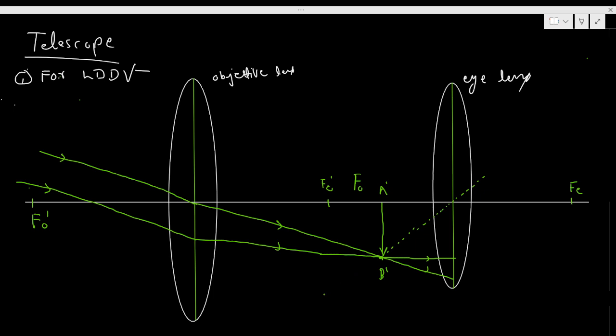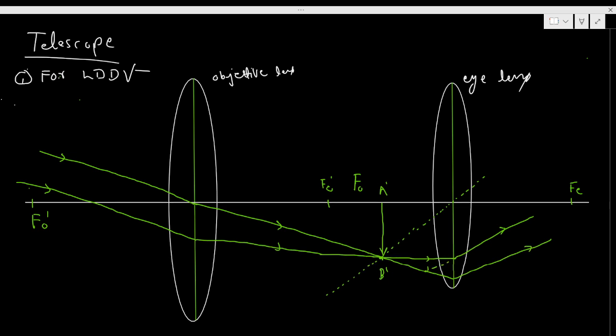So that line is passing through the optical center. And now we are converging these two rays because this is the converging lens. So rays should be converged like this.